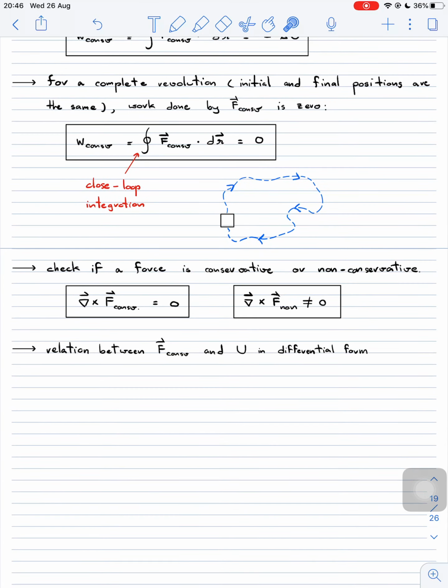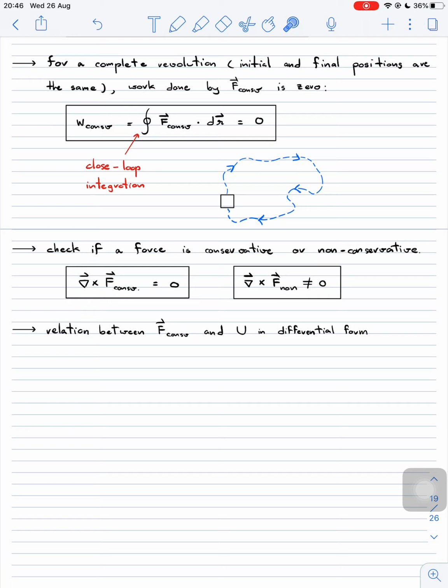We have an equation that we can use to check whether our force is conservative or non-conservative. If the force is conservative, the curl of this force must be equal to zero. If you don't remember the curl, you should revise the vector chapter.